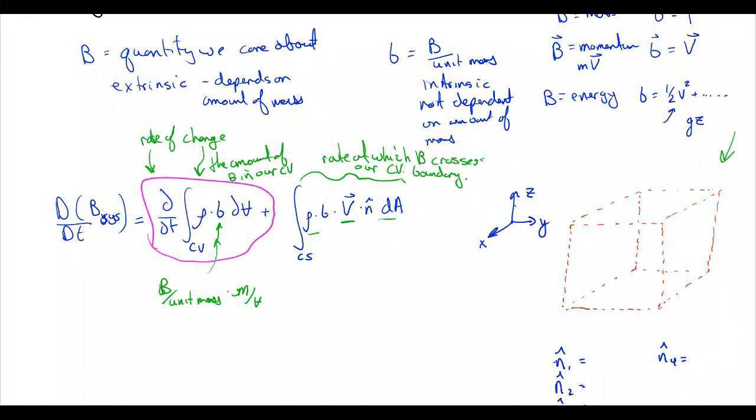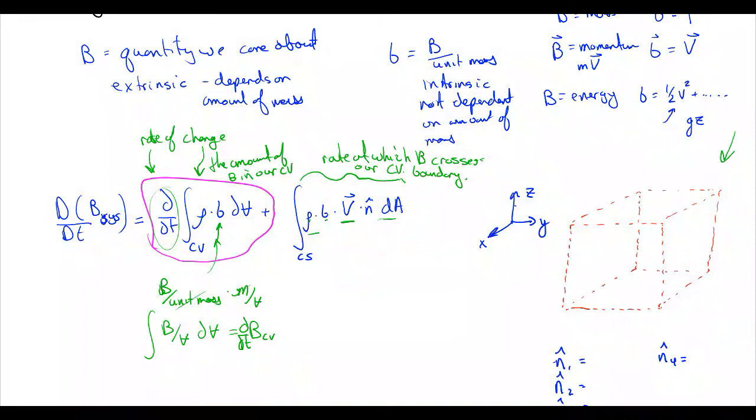But then if we integrate over our volume, this is just equal to our total B. But again, we're taking the derivative, so this is the dB dt within our CV. And this is just our B times the density, again because B is per unit mass. So now we have a B per unit volume, so a B per mass times a mass per volume.